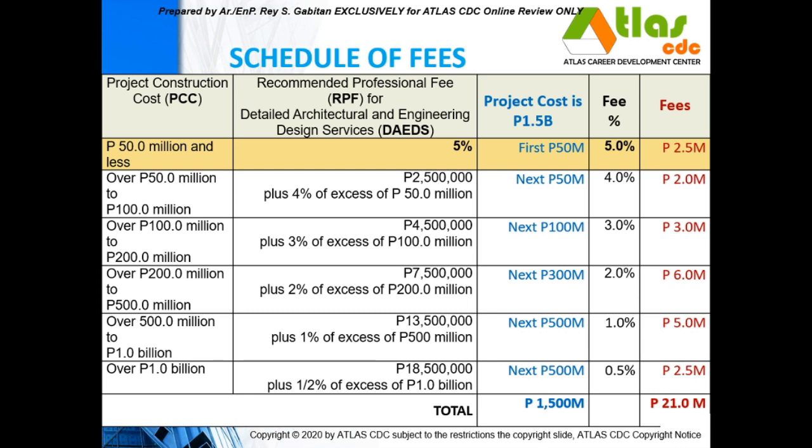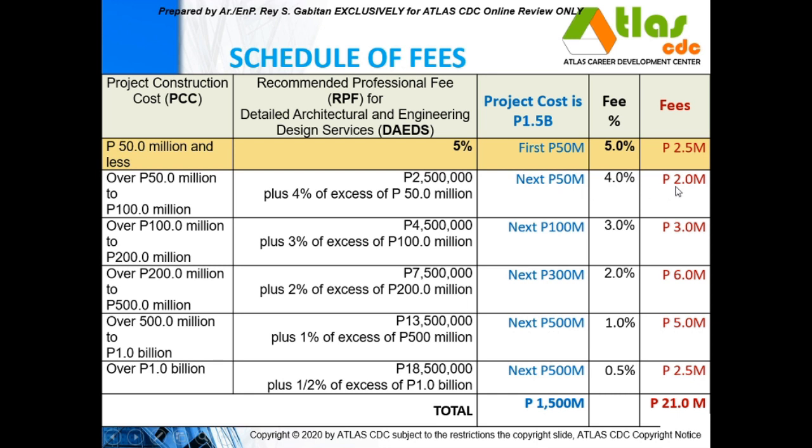Then the next 50 million to 100 million, so this is above the first 50 million. You have a range of 50 million, so you have 50 million here computed at 4%. Now, so 4% of 50 million is at 2 million.